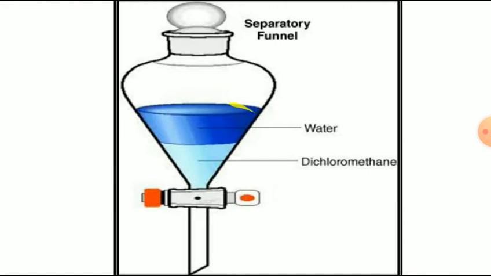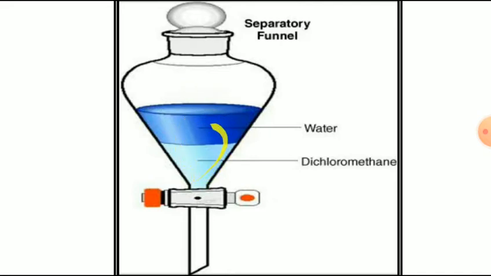In this case, dichloromethane has a higher density as compared to water. When we add the mixture of sample components from the top into both the liquids, that sample component will get distributed between both the phases, but in a definite ratio. We can't say how much will be soluble or miscible in both the layers.